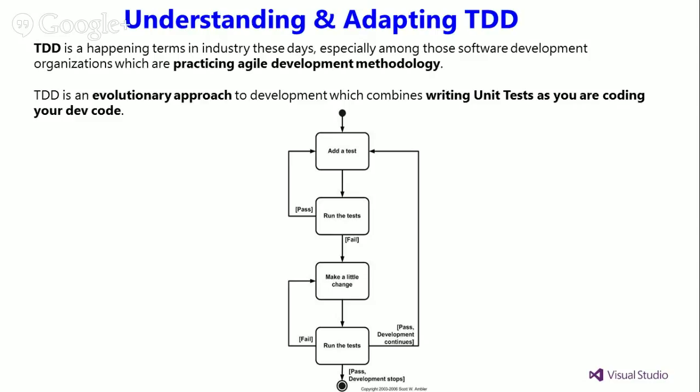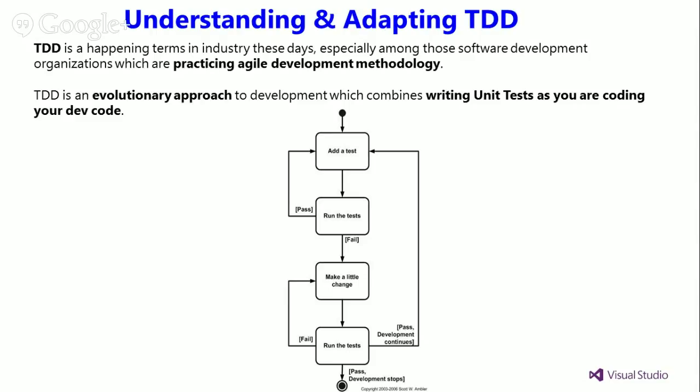Most of the time, the test will fail, and that's the purpose. Your test has to fail because you have not yet implemented the function. Since your test failed, you write only as much functionality in your development code as is sufficient for your test to start passing.